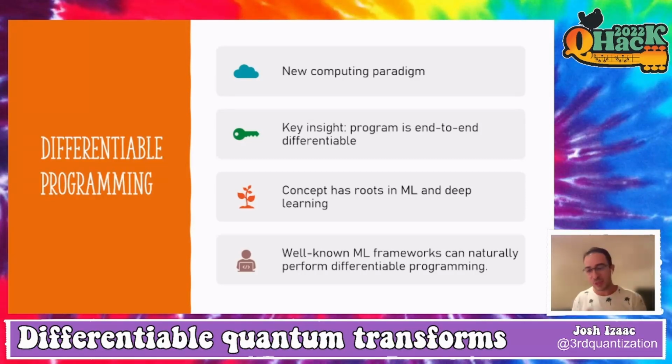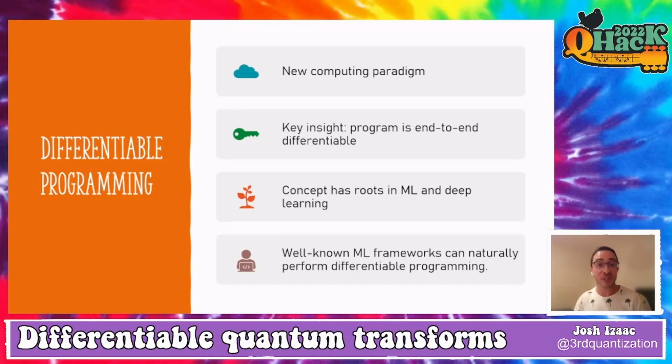So with machine learning frameworks, we started off writing very rigid neural networks that had very rigid structure, and we were simply training the weights. But the key insight from all these autodiff frameworks is that we don't have to be restricted to those rigid models or those rigid structures. The entire program, including how we construct the model, is end-to-end differentiable.